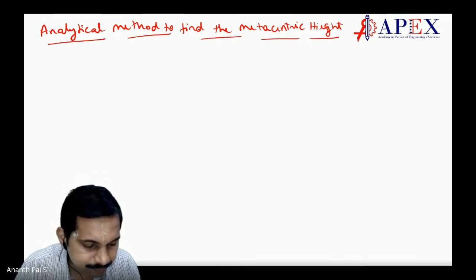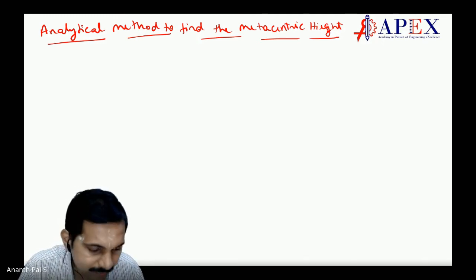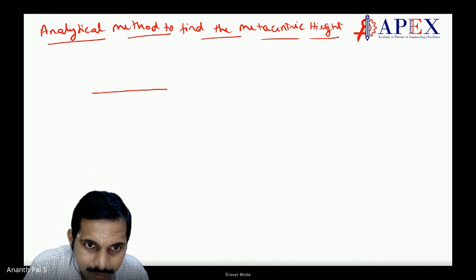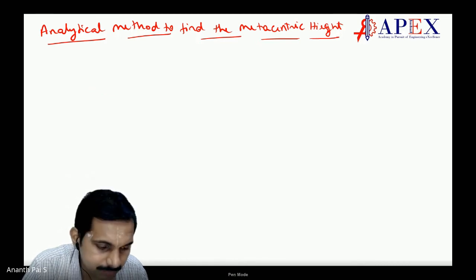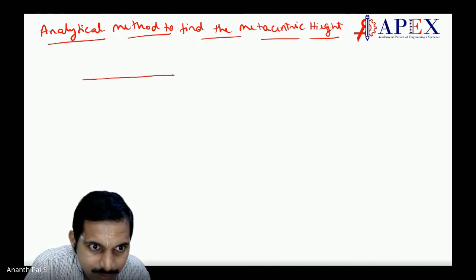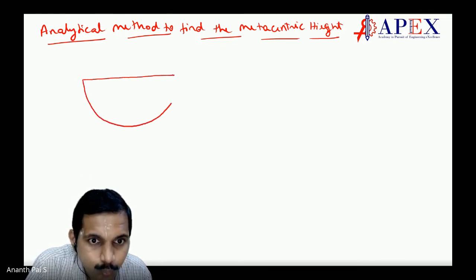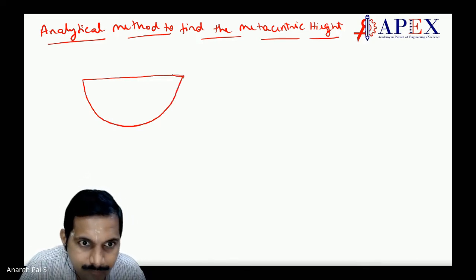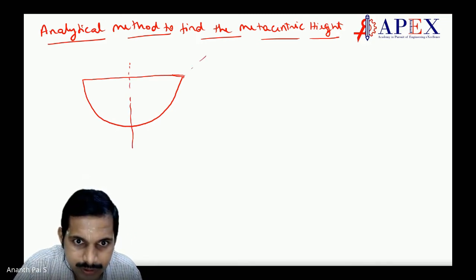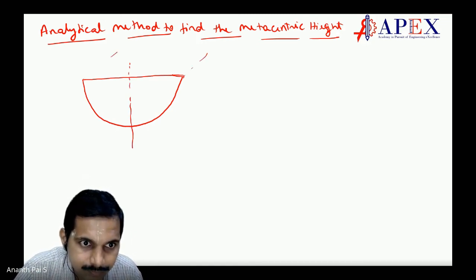Let us do that. So now let us have, say, a boat. Write this neatly, students, very important, because we are going to have a lot of things on this. Let us have a boat like this. It's a cross section of the boat, which I've taken.